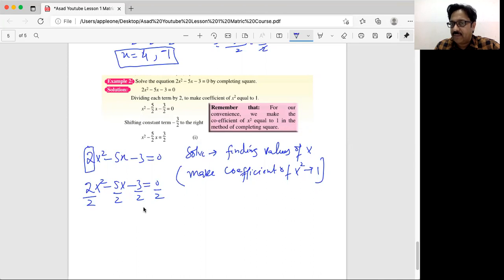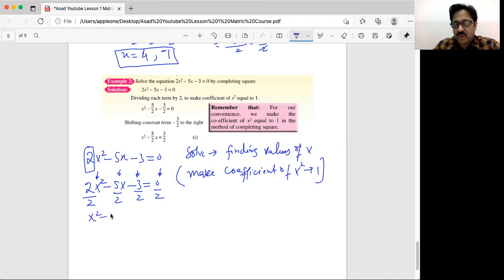If you are subtracting something from one side, you have to subtract the same thing from the other side. So I divided the left-hand side, which has three terms, and the right side, which has only one term, 0, all by 2.